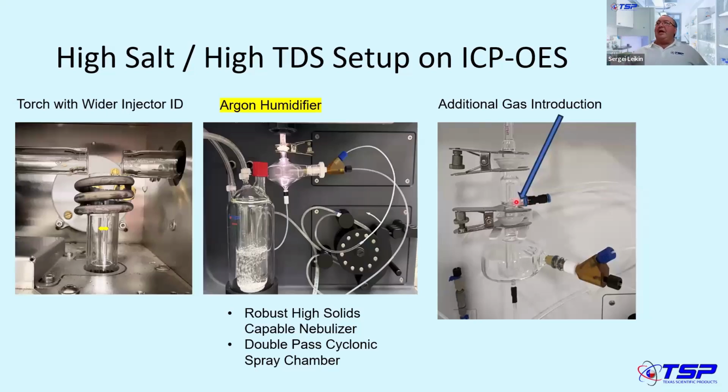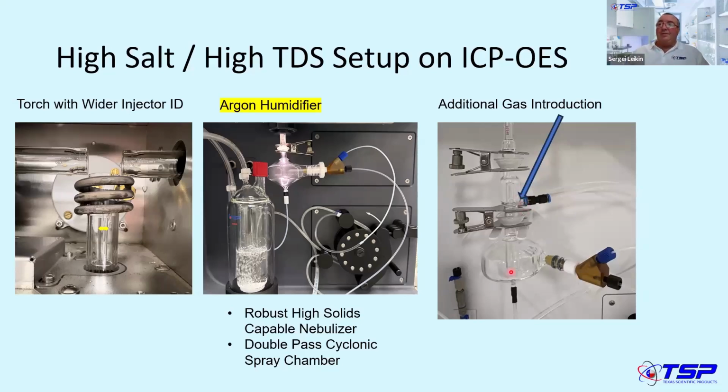ICP-MS folks are used to it because all the instruments are equipped with what is called makeup gas. But the functionality of the additional gas here, or sometimes it's called sheath gas, versus what's going on there is very different.